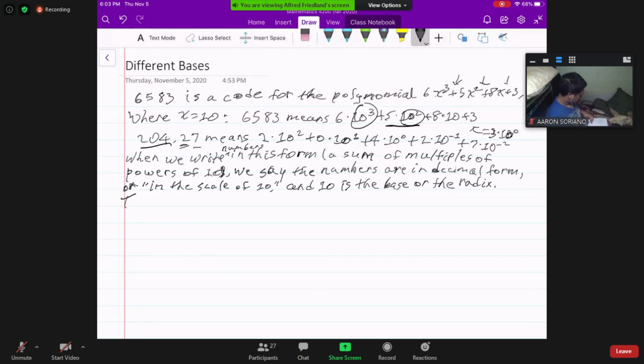The coefficients, such as the 6, 5, 8, 3, over here, the coefficients of the powers of 10, the 6, the 5, the 8, the 3, the coefficients of the powers of 10.